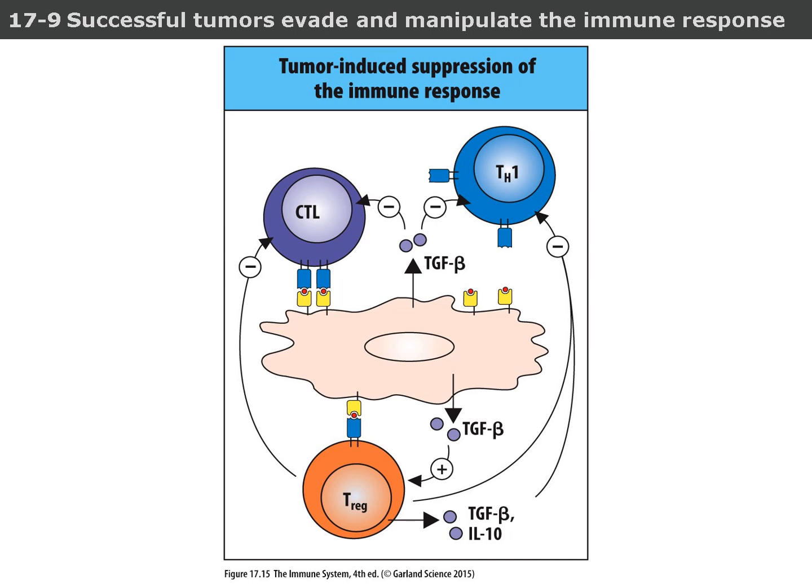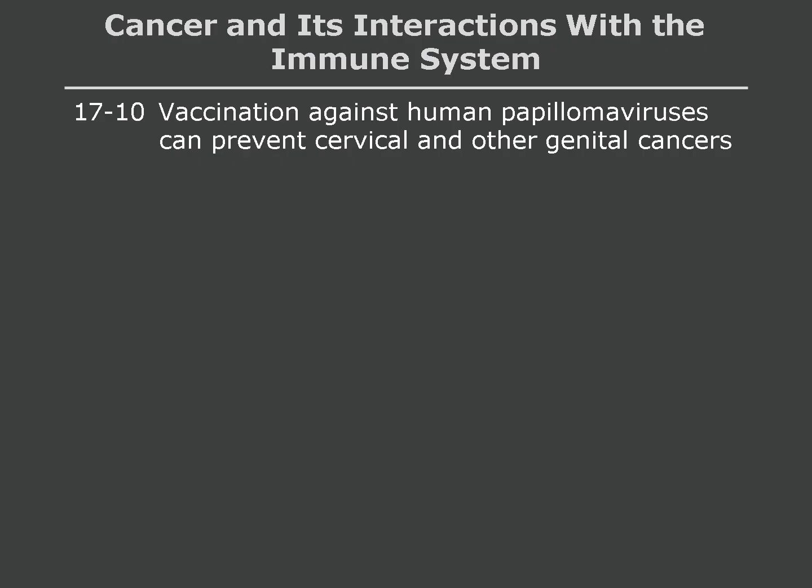This tumor-induced immune suppression allows cancer cells to evade detection, survive, and continue proliferating despite the presence of an active immune system. Vaccination against human papillomaviruses can prevent cervical and other genital cancers.